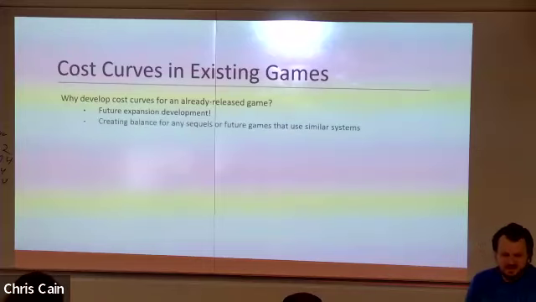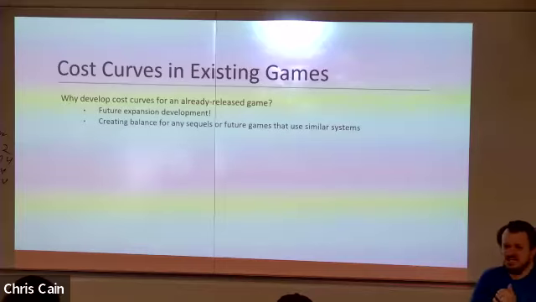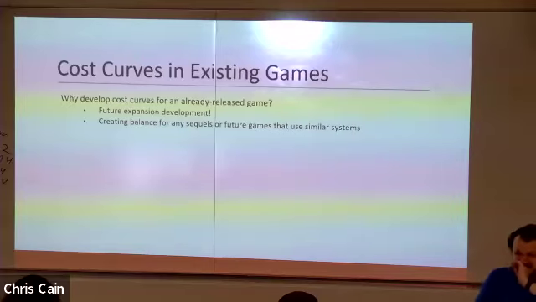How about balance for sequels or future games that use those kinds of systems? If you've invented some kind of really fun system and now you have intellectually protected that idea, and now you're the only person who can use that system. Think the Nemesis system in Shadow of Mordor. They have copyrighted that.